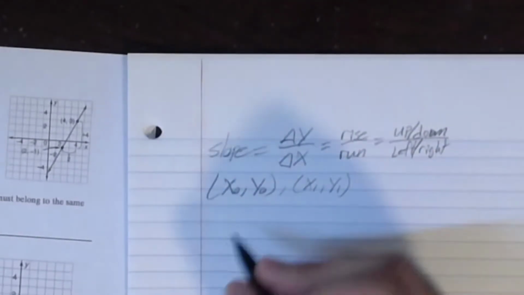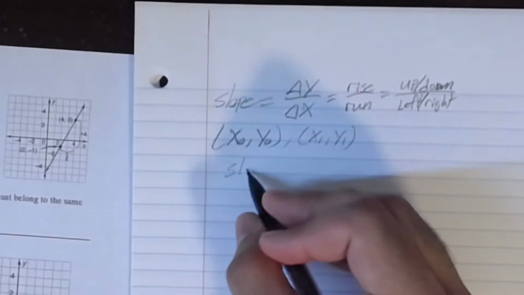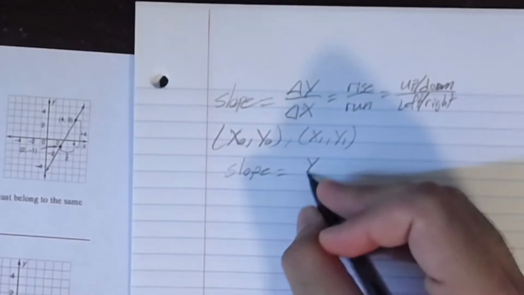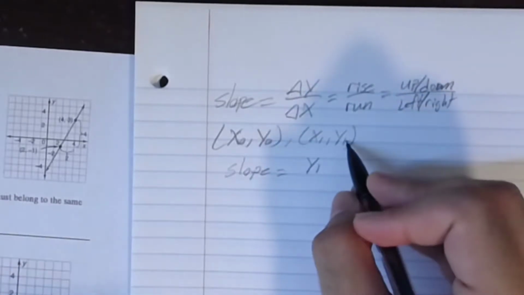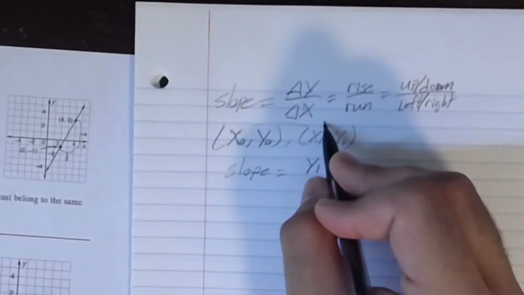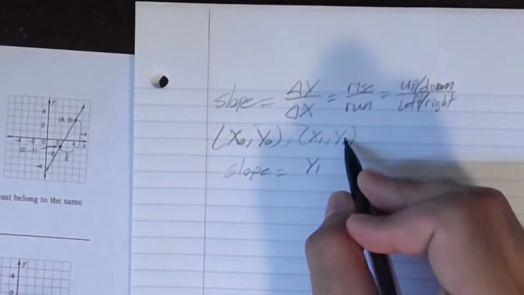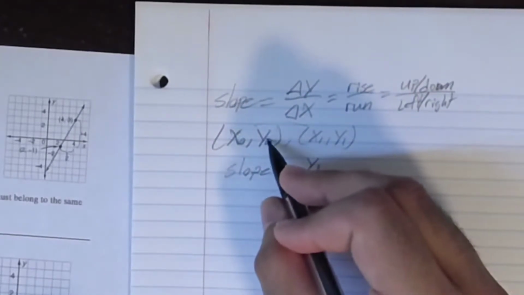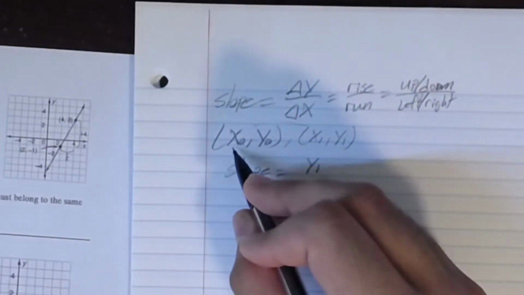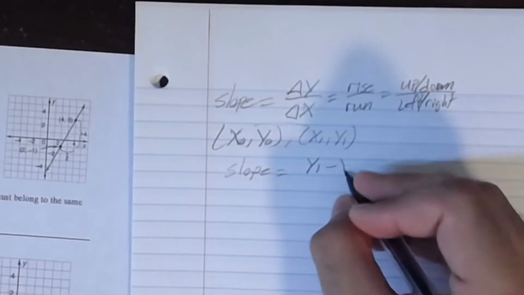The way that you figure out the slope by using 2 points, imagine it's going from this point to this point. So you go from this value minus this value, and this value minus this value. So I'm going to write it down.